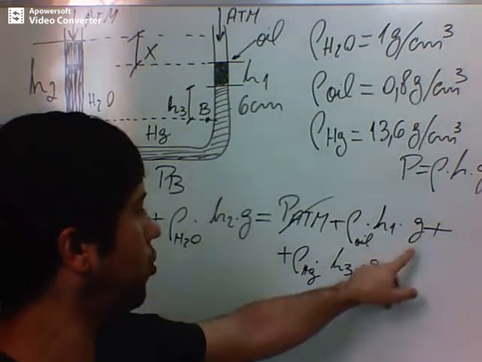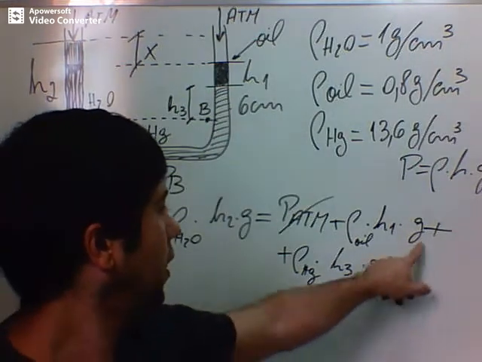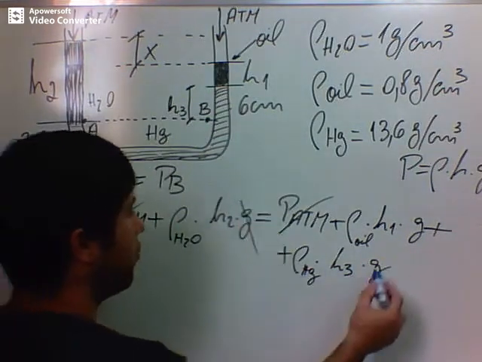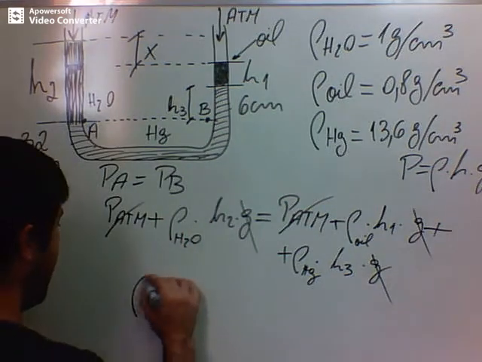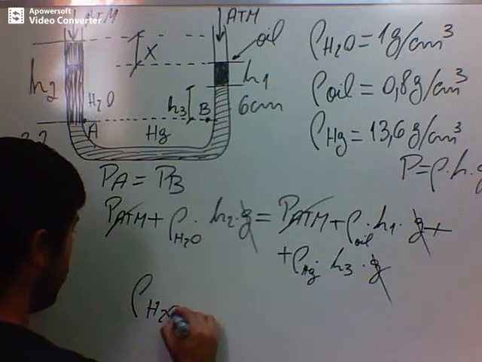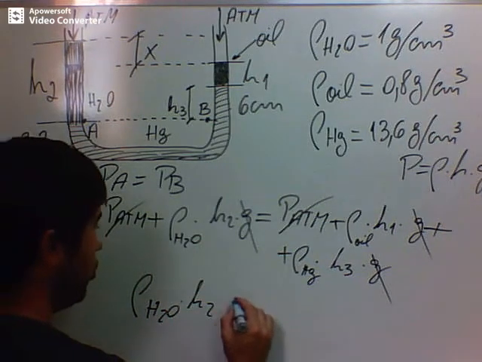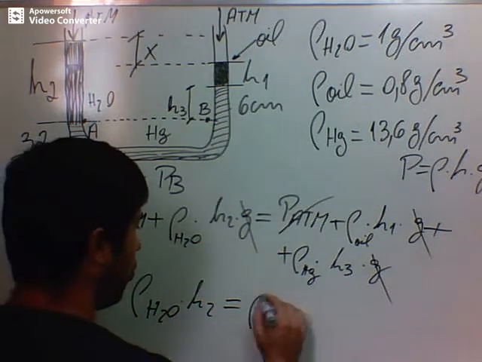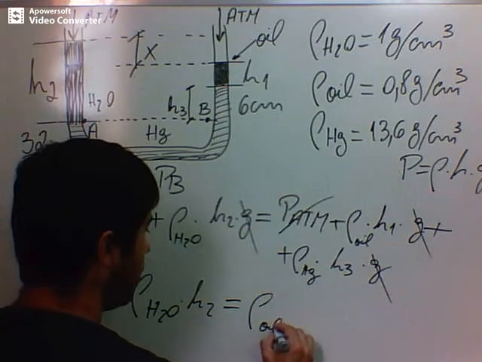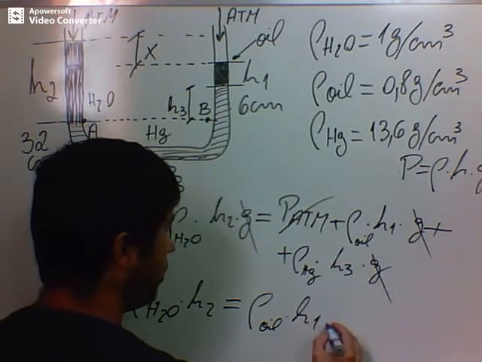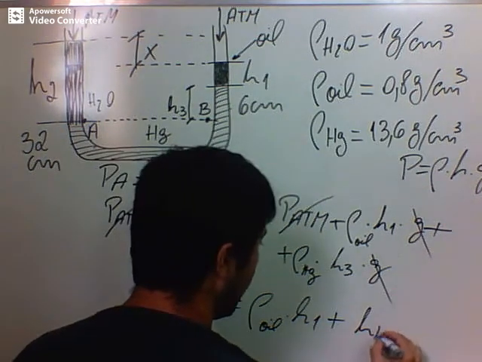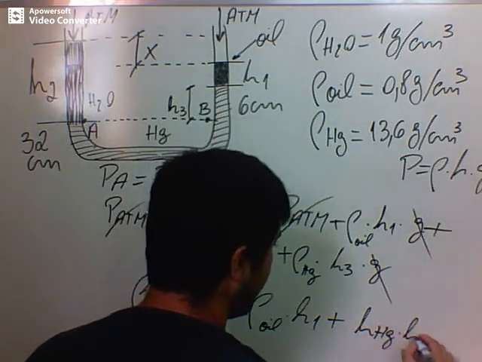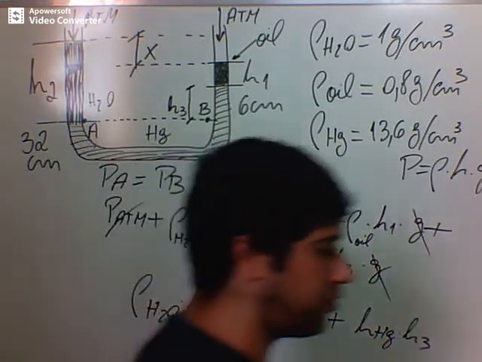We can cancel gravity with gravity, and we are only left with Rho H2O times H2, which is equal to Rho oil times H1 plus Rho Hg times H3.